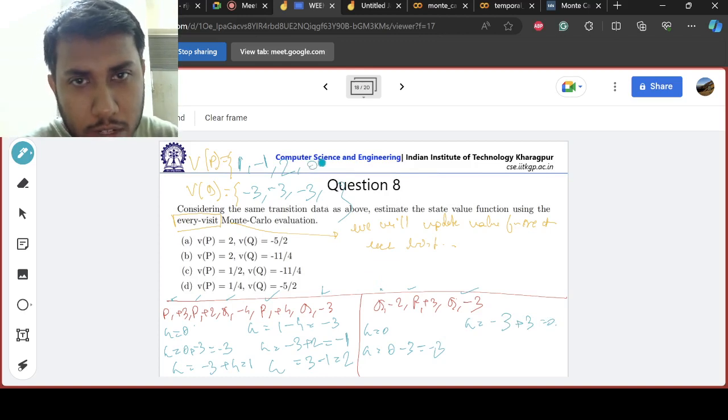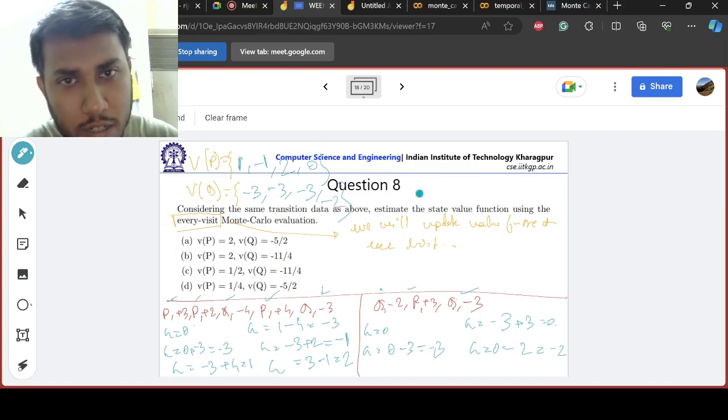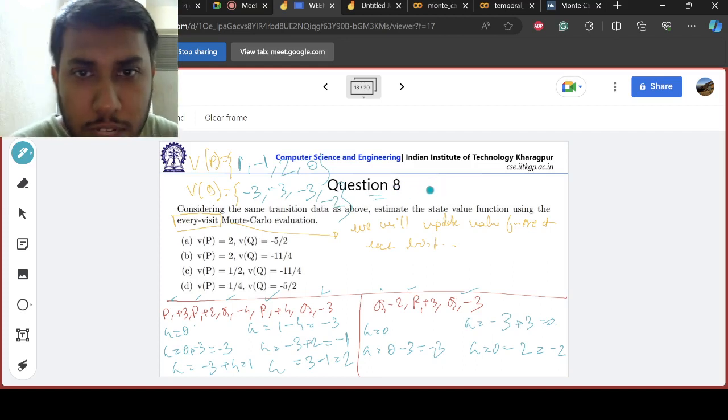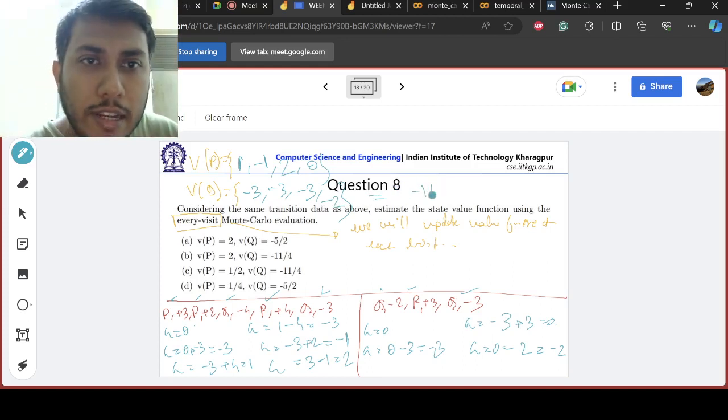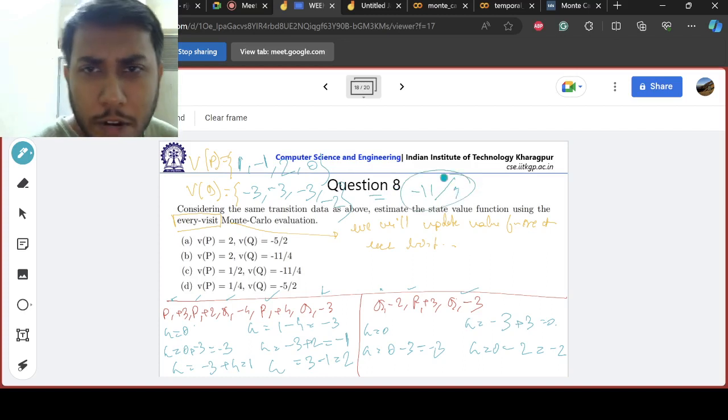So 0 will be added here. Then g is equal to 0 minus 2, which is equal to minus 2. Minus 2 will be added here. So this total sum is basically minus 11, and we are dividing it by 4. So that is your value Q.